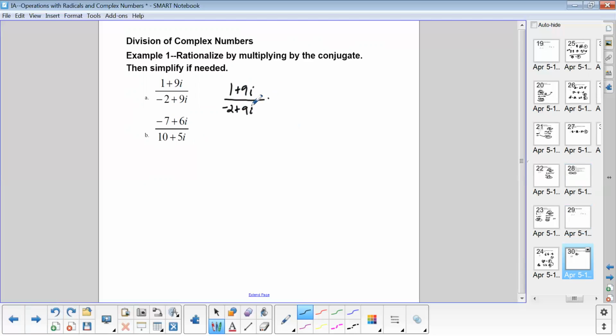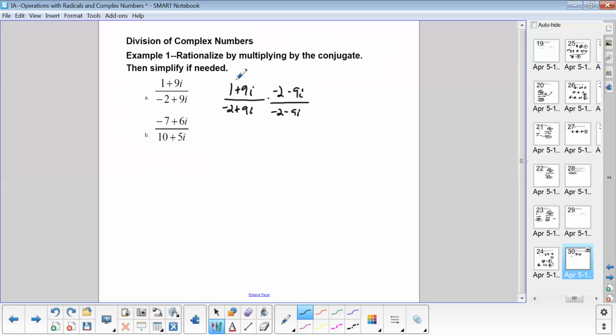I don't want i in the denominator, so what we're going to do is rationalize this. We're going to multiply by its conjugate. So notice that all the terms are the same: -2, -2, 9, 9. One's positive, one's negative. So the terms are the same, but the signs are different.